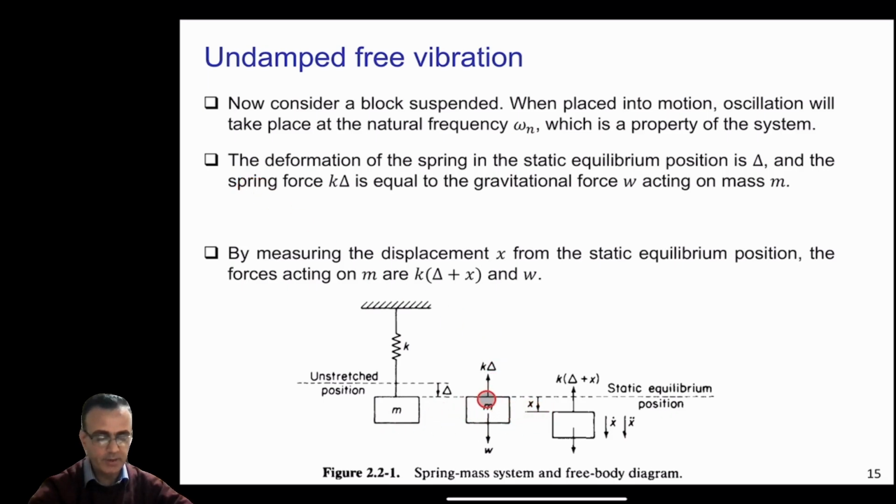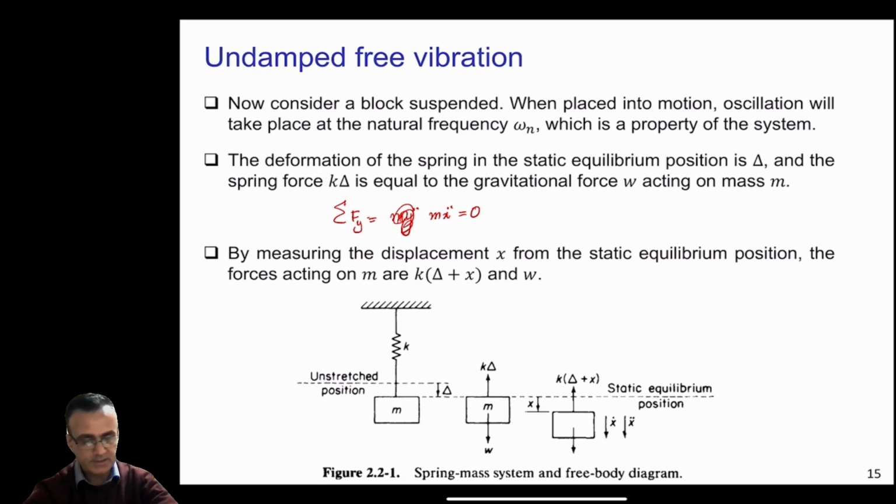You can draw the free body diagram. So this will be the spring force for the static equilibrium position, and the weight will be in the downward direction here. In this case, you can again apply the summation of all the forces in the y direction, equal to my double dot, or you can call this x, so mx double dot. But we know that here the body is stationary, so this will be equal to 0.